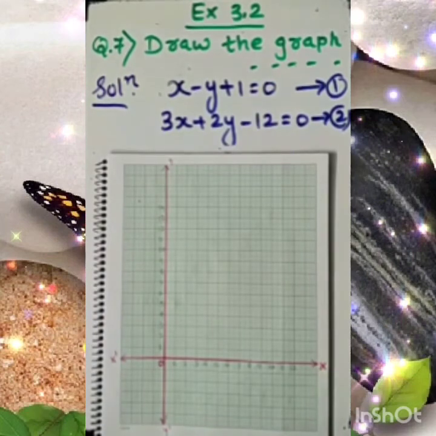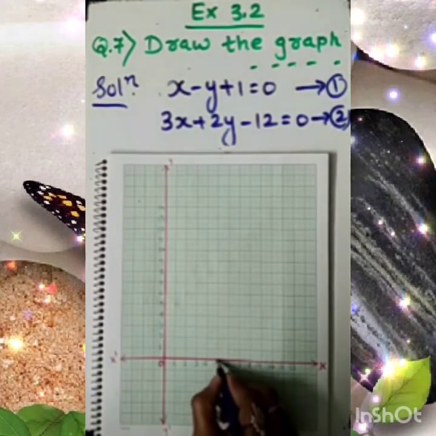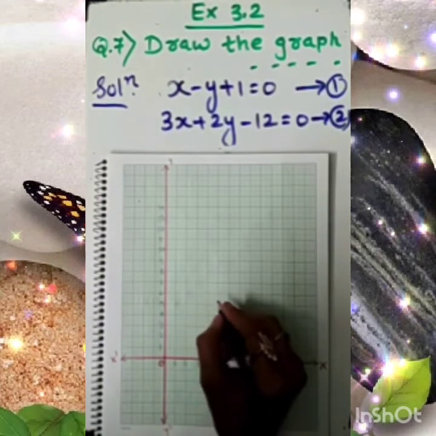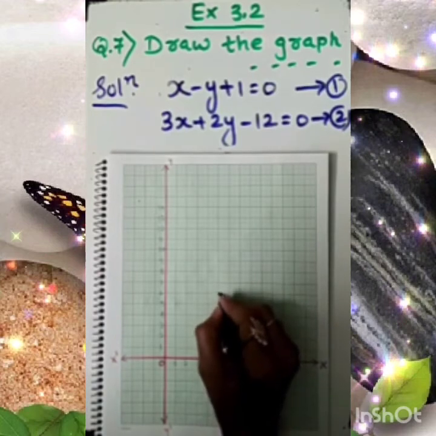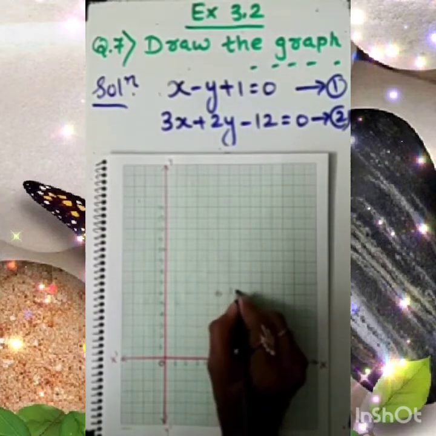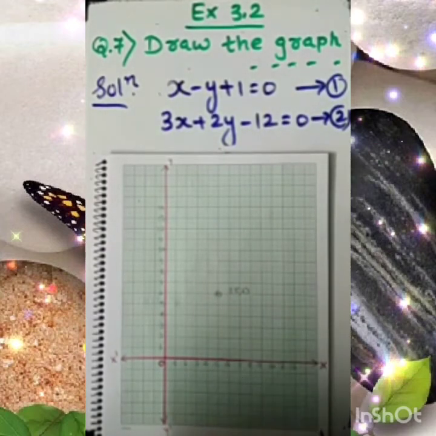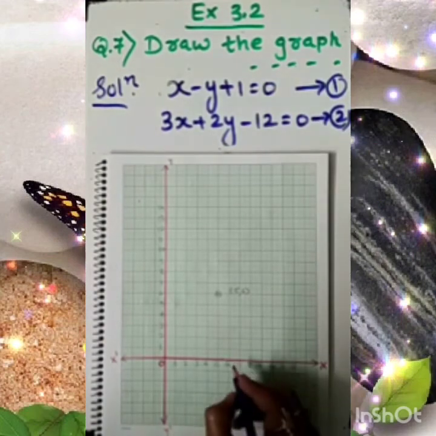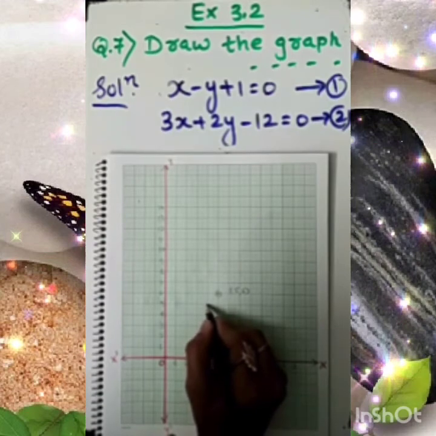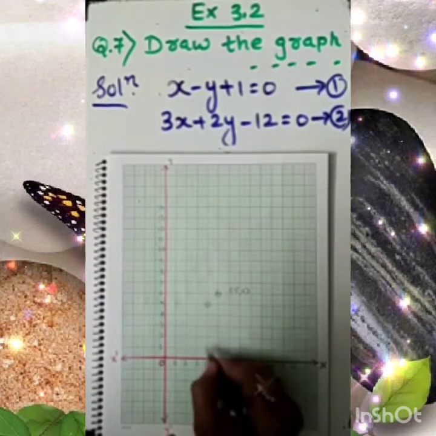For the first linear equation, the first point is (5, 6): 5 on the x-axis, and from here 6 will be here. So I am mentioning it here (5, 6). Second point (4, 5): 4 on the x-axis and 5 on the y-axis.